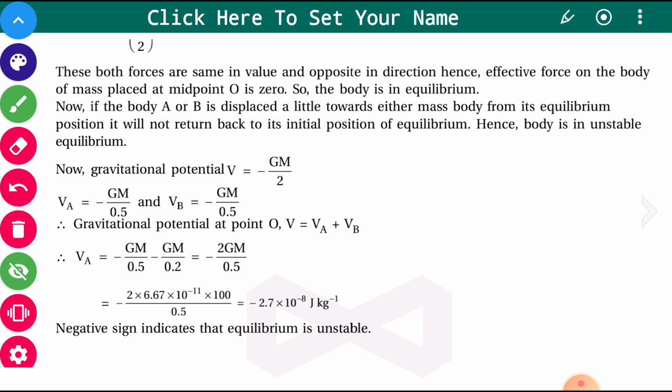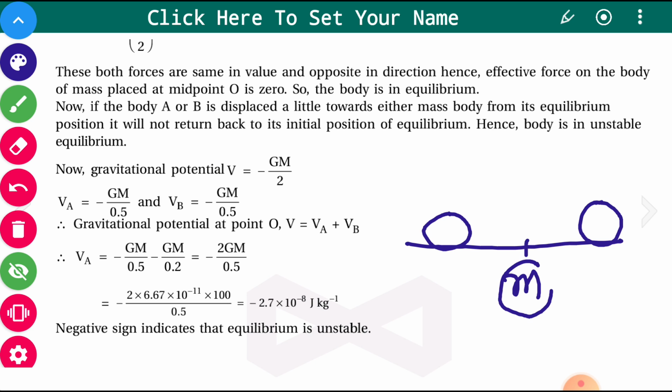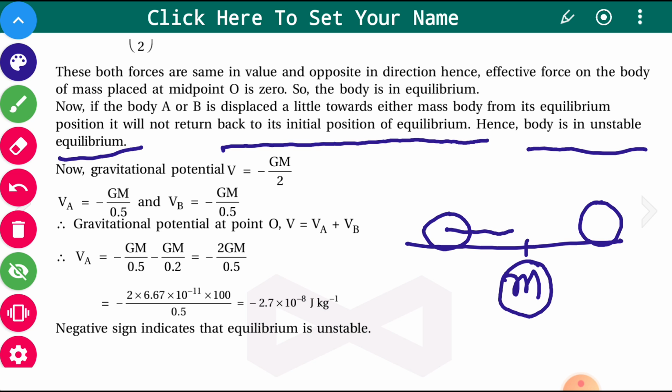So if either A or B is displaced, then this body, which initially was in equilibrium, will not come back to the initial position of equilibrium, or we can say the body is in unstable equilibrium. If distances are the same and the body is arranged according to the initial position, then it is going to remain in equilibrium. But if A or B is displaced, then it will come into unstable equilibrium.